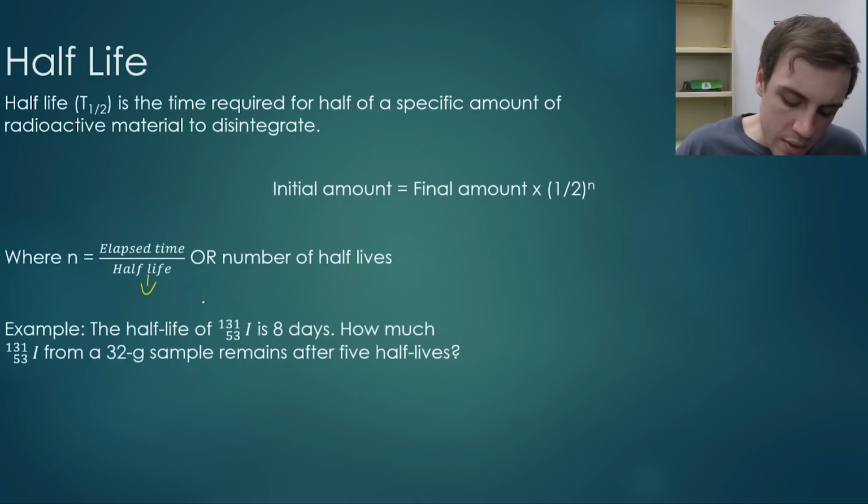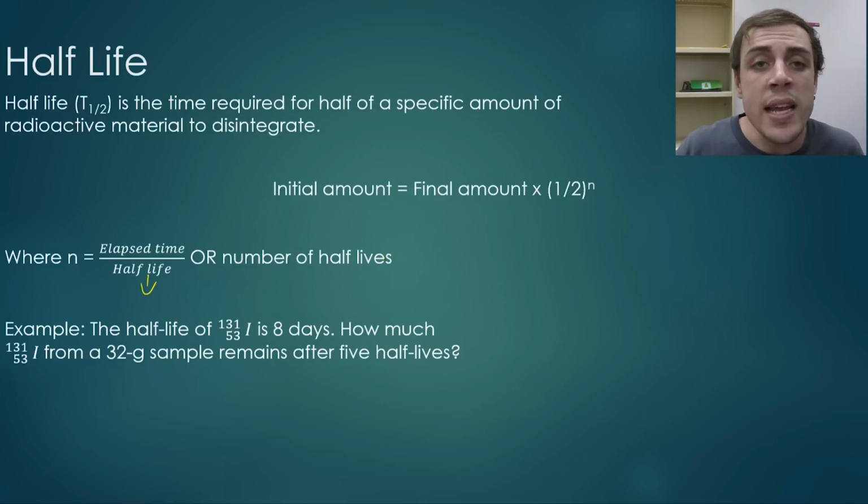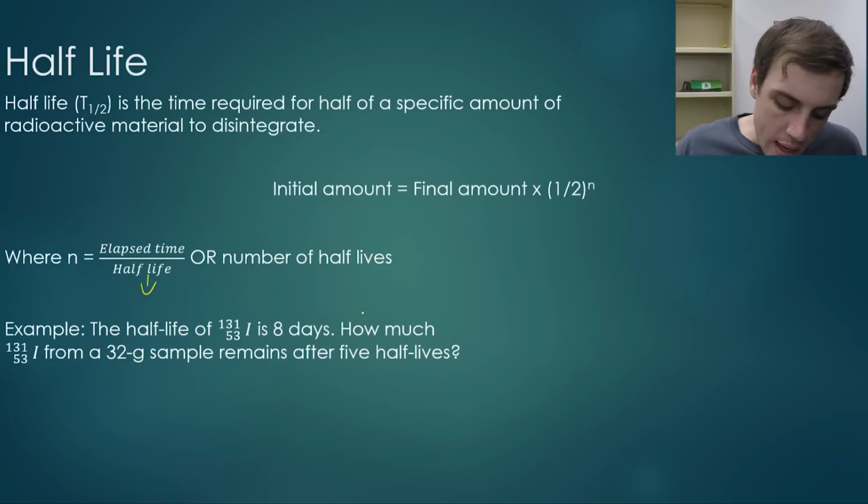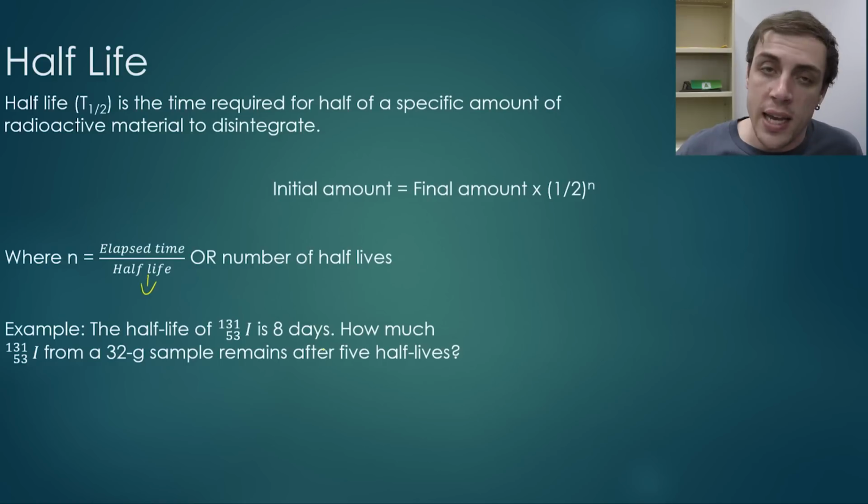A good example here is that the half-life of iodine-131 is 8 days. So it takes 8 days for it to disintegrate half of its total mass. How much from a 32-gram sample will remain after 5 days?